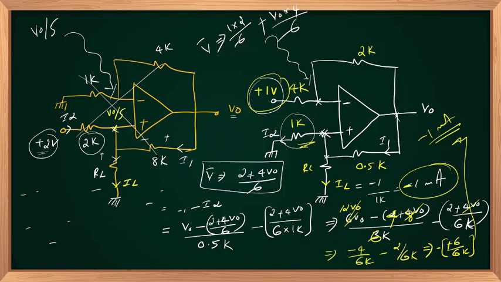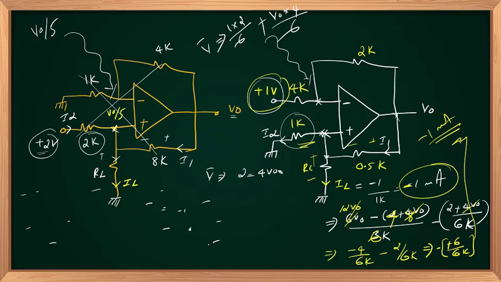The output voltage can be evaluated by taking the voltage drop across these two. The output voltage V out can be easily identified by equating V plus and V minus.